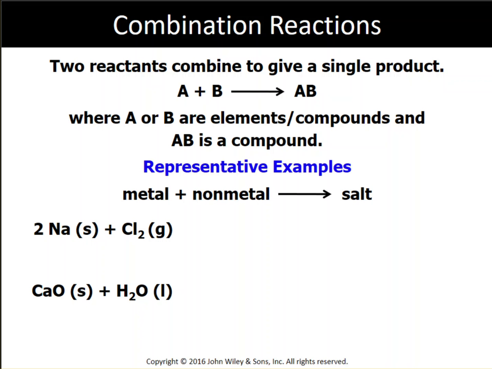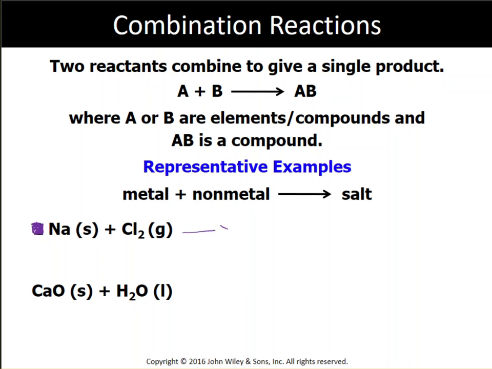One type of combination reaction is a reaction of metals and nonmetals. And we already know that when metals react with nonmetals, they produce a salt. So you're looking at a reaction of sodium and chlorine. We want to write the product of a combination reaction between sodium and chlorine.